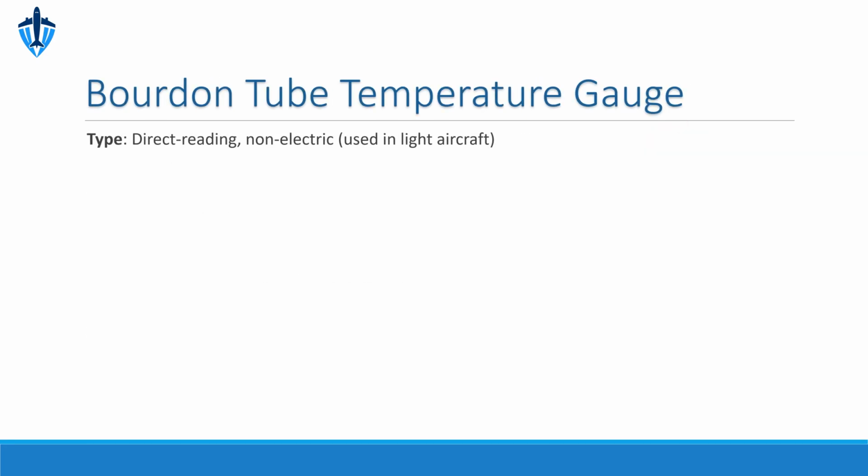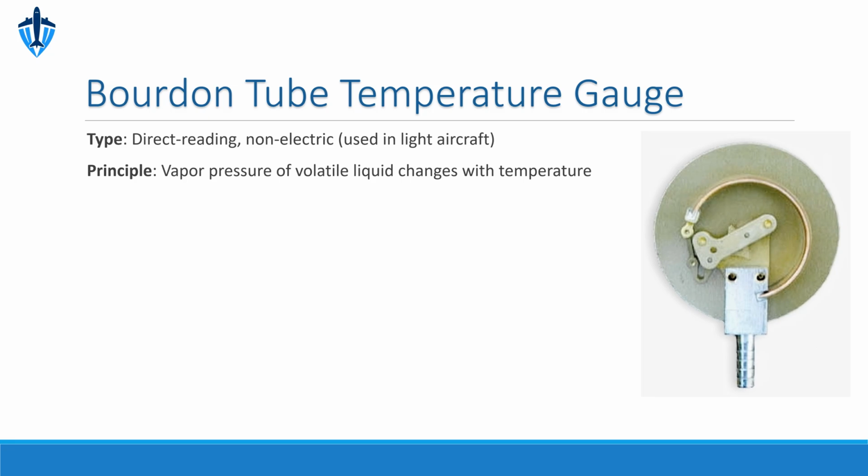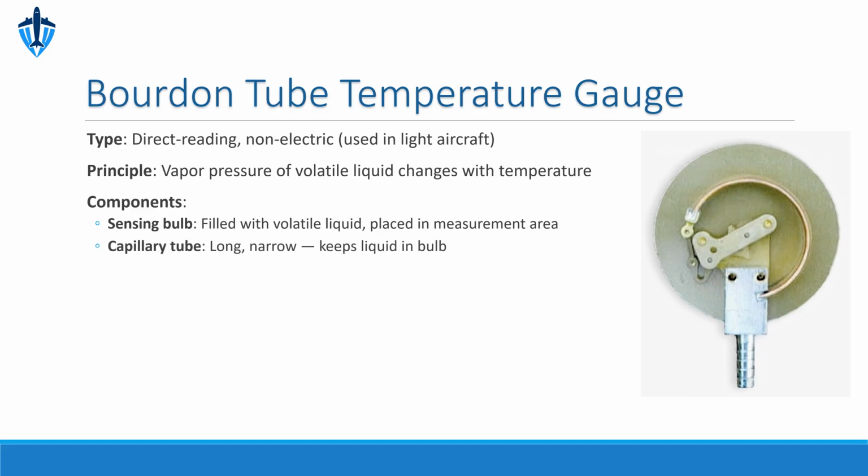The Bourdon tube also serves as a non-electric temperature gauge in simple aircraft. It operates on vapor pressure. A sensing bulb filled with volatile liquid is placed where temperature is needed, like in engine oil. A long, narrow capillary tube connects it to the Bourdon tube in the instrument. As temperature rises, the liquid produces more vapor, increasing pressure.